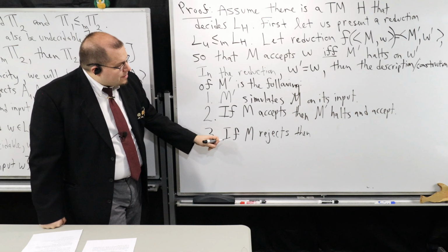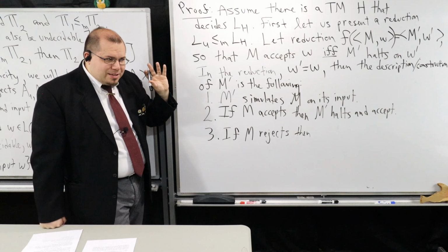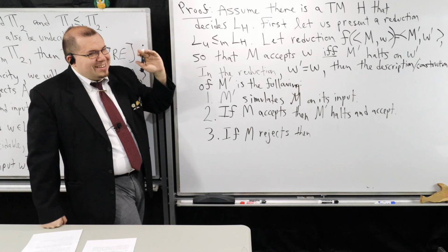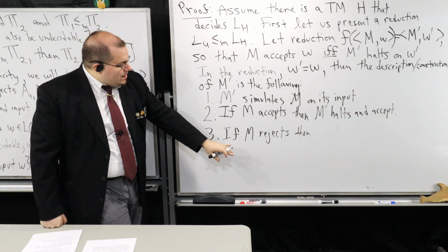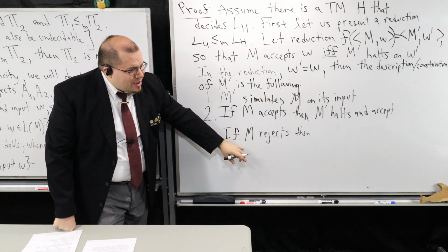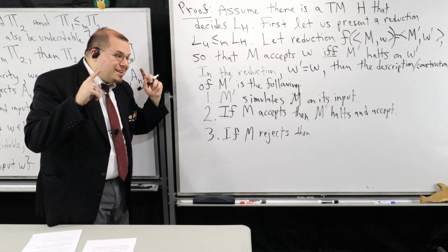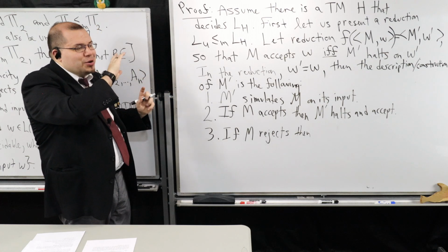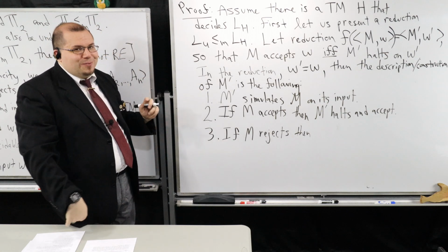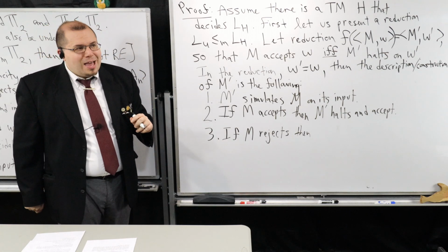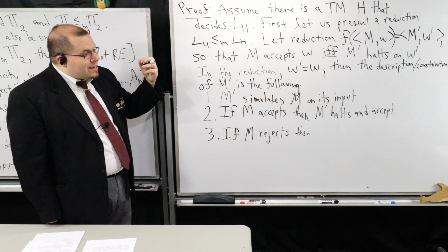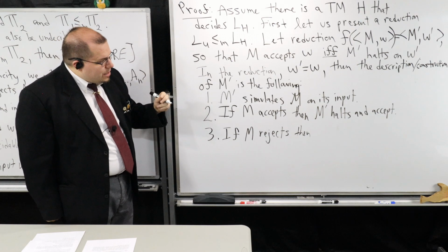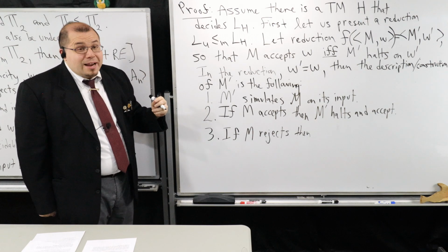Yeah. So you're going to take the idea that you said, and I'm going to take it one step above this. What you're going to do is, if M rejects, remember that I want this M prime, W prime to go off to the algorithm for the halting problem, and I want to make sure it accepts for that decider, for LH, which means that it has to halt.